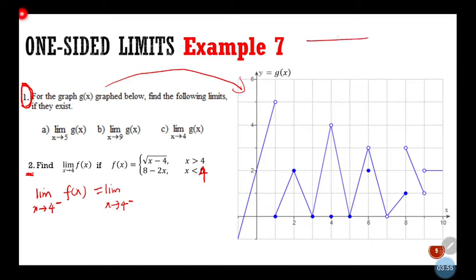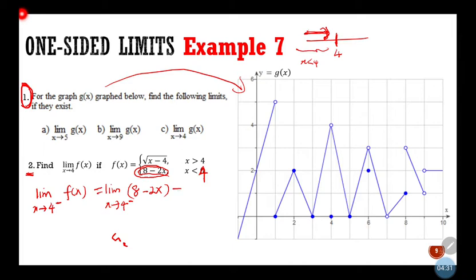Remember, let's say this is 4, this one is coming from the left. It indicates that this is the region where x is less than 4. Looking at this function, definitely the second one corresponds to x approaching 4 from the left, so we use the function 8 minus 2x.